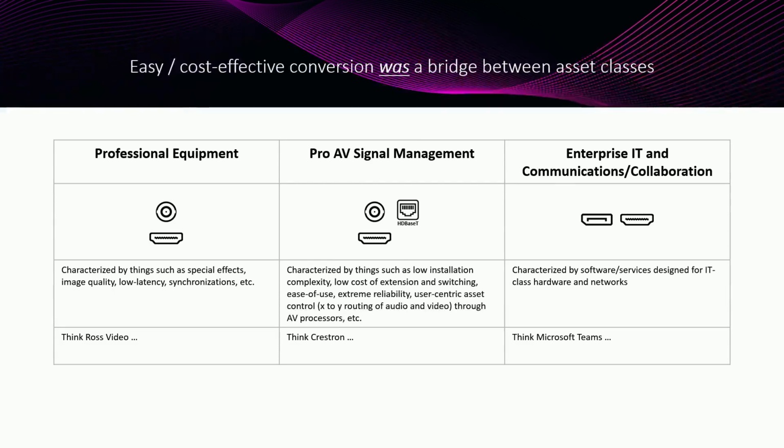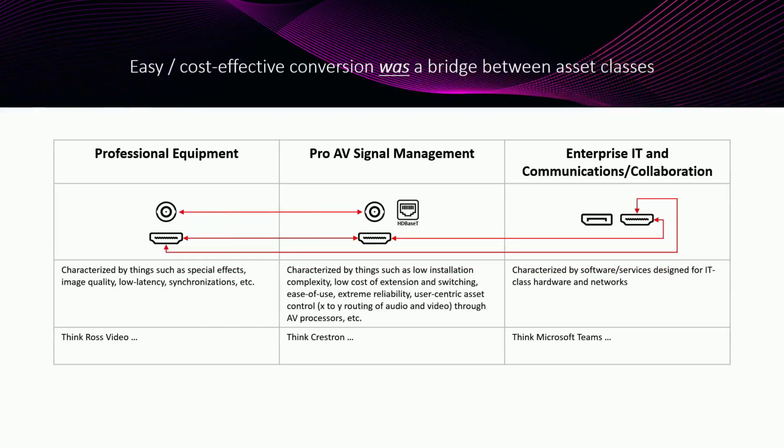And then the biggest asset class in most organizations is their IT department, their PCs and their mobile devices, handhelds, tablets, phones, etc. So there's been some connectivity between these things through those types of mini converters when necessary. And it hasn't been that hard to go between one asset class and the other.